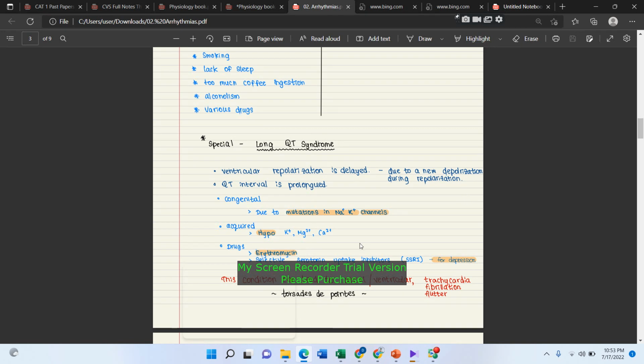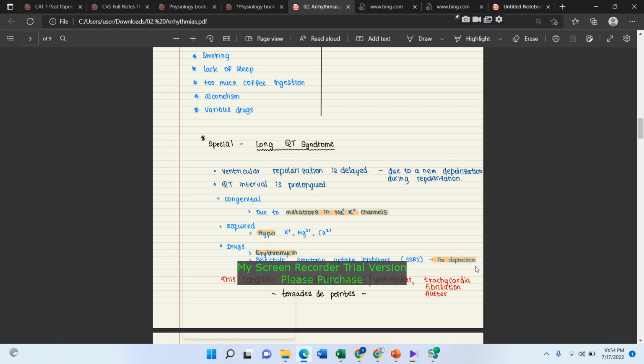And drugs you use can also be a reason for long QT syndrome, such as erythromycin, which is an antibiotic, and selective serotonin uptake inhibitors, which are used for depression, right?